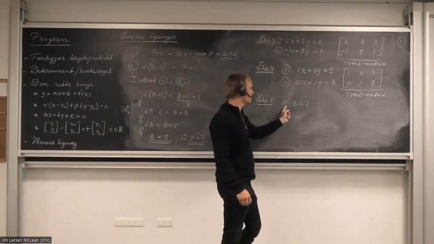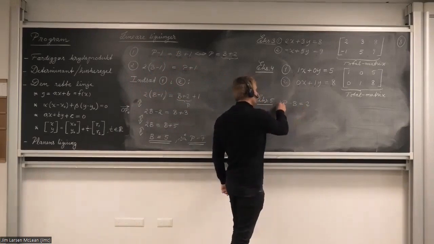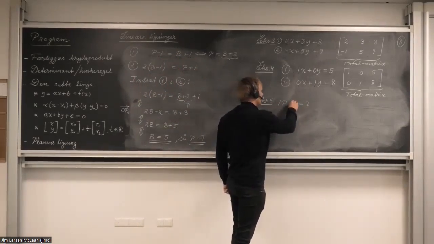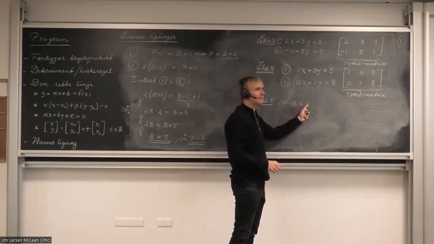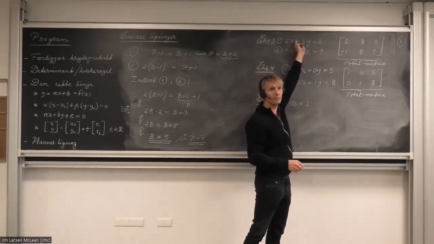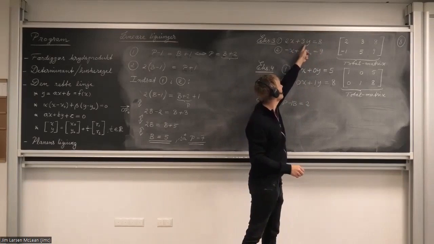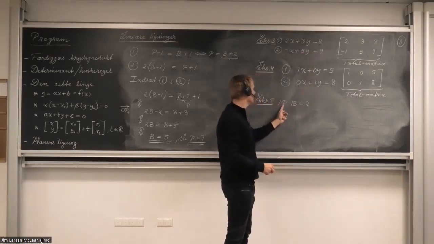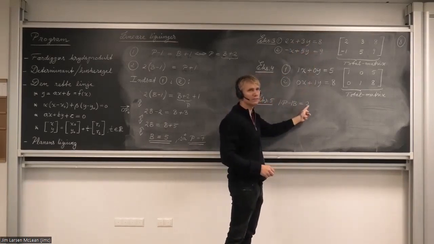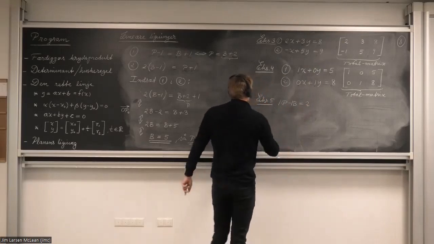And the reason I'm writing it like this is because now it says some number times Preben plus some number times Benny equals some number. So I have the mathematical structure that corresponds to the one up there. A number times an unknown plus a number times an unknown should give a right side. So that's the one line.